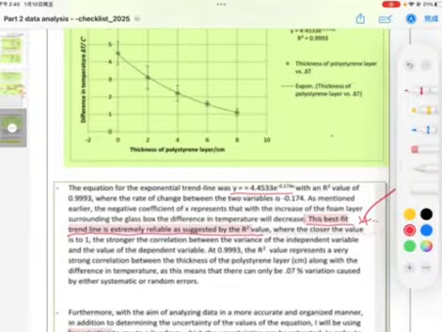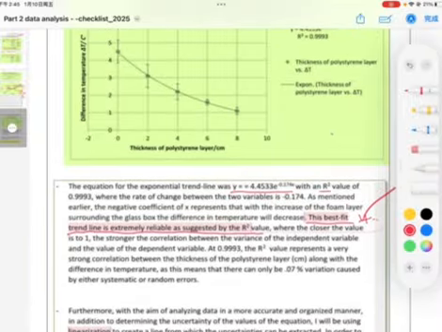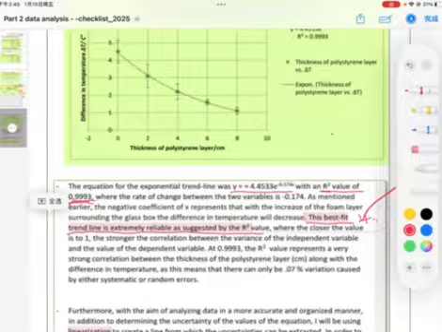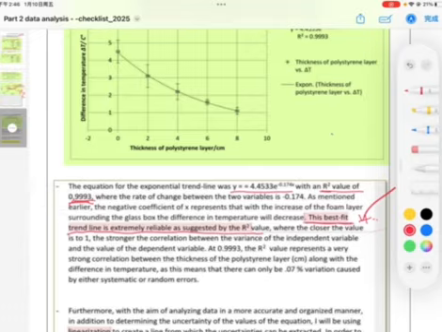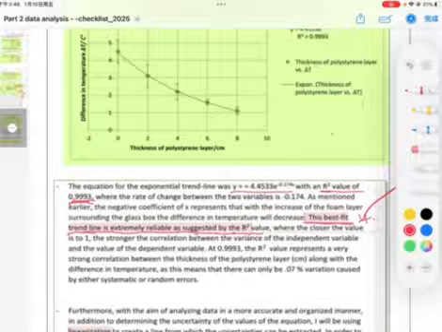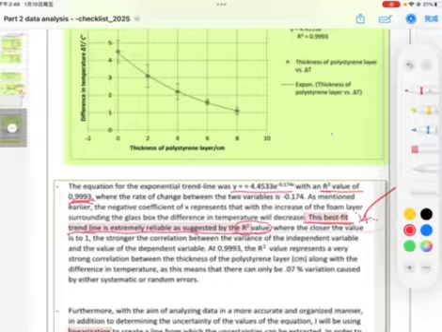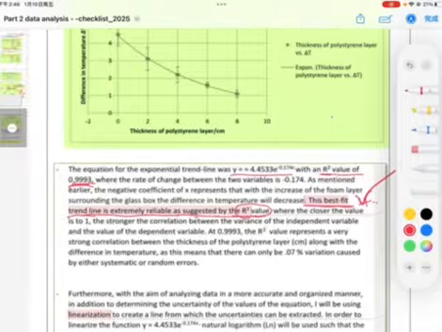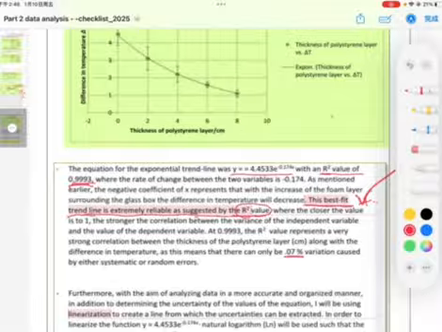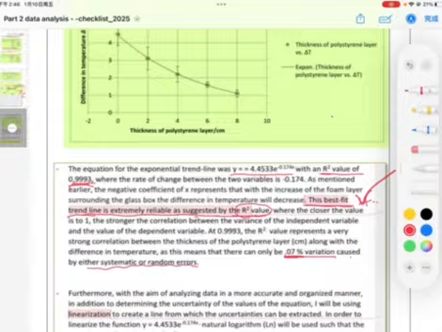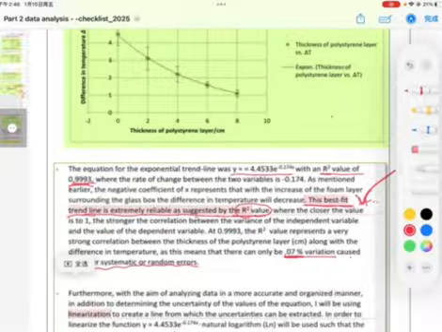He talks about the R value, which is correlation, right? And he talks about whether the best fit line is extremely reliable as suggested by the R value. So he talks about correlation over here, and there's only a very small variation caused by systematic or random error. Okay, that's data analysis.